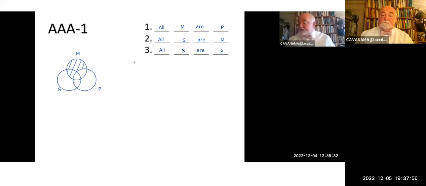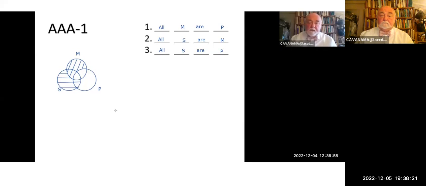Okay, then all S are M. That is to say, if anything is an S, it's also an M. That is to say, anything in the S circle which is outside the M circle is empty and therefore shaded. So we'll do that this way. Again, remember, two bits.